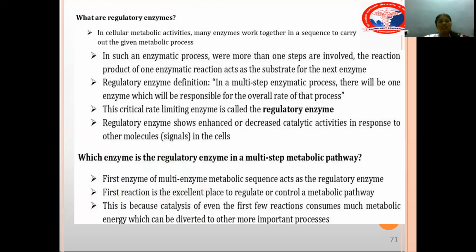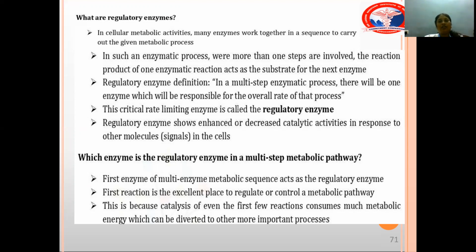So in a multi-step enzymatic process, the definition of a regulatory enzyme is that there will be one enzyme which is responsible for the overall rate of that particular metabolic process. That critical rate-limiting enzyme is also called the regulatory enzyme.